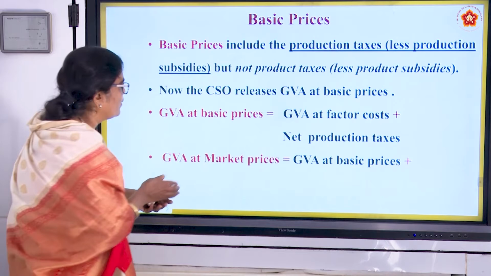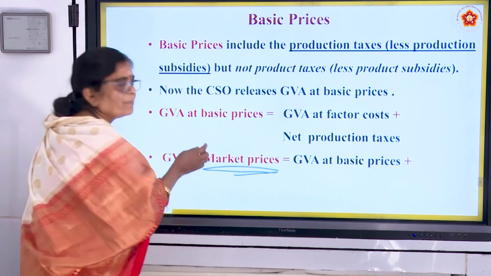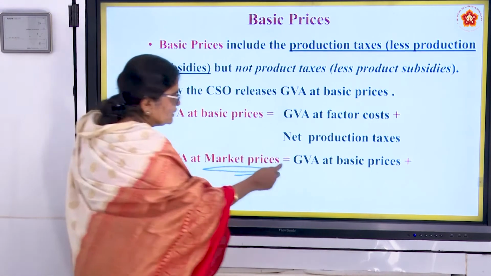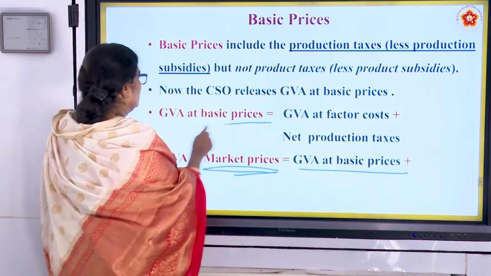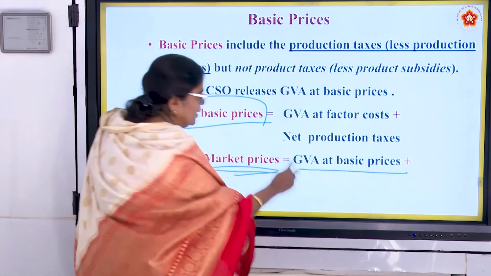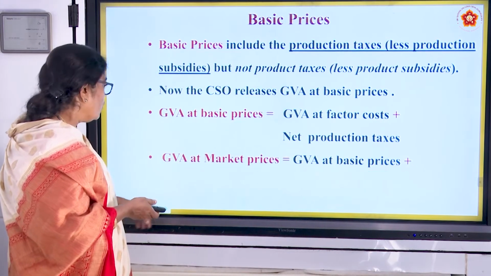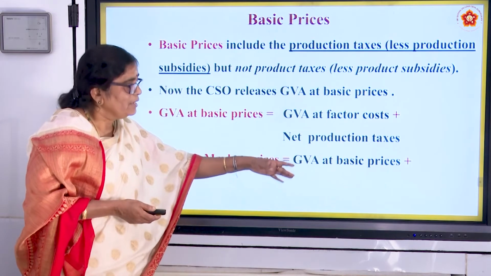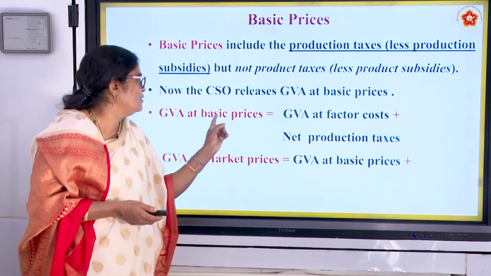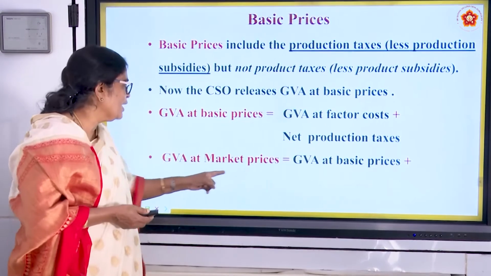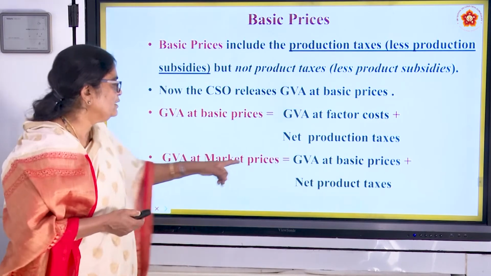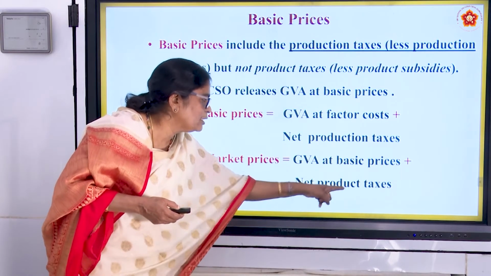And GVA at market prices, what does it mean? We have already calculated GVA at basic prices; for market price we add net product taxes. Now GVA at market price includes GVA at basic price plus net product taxes.